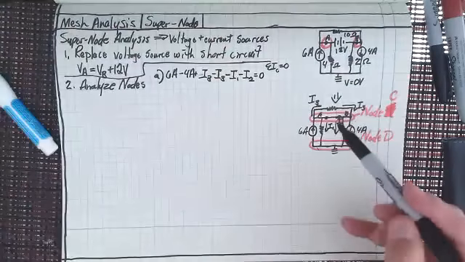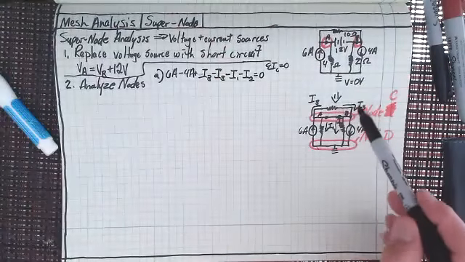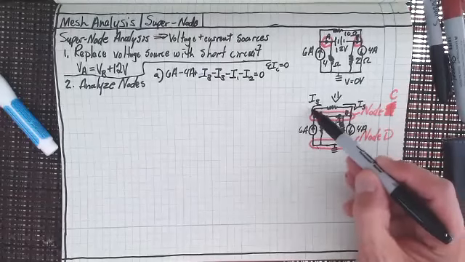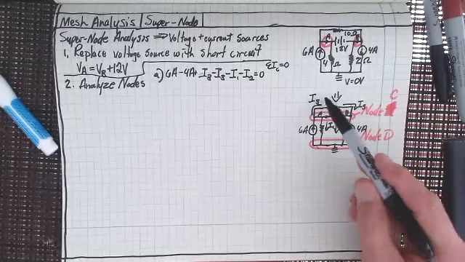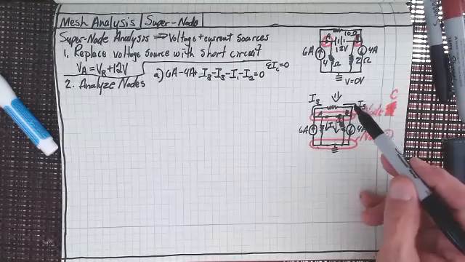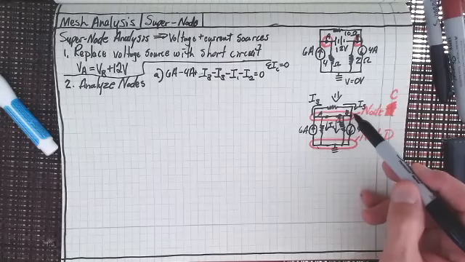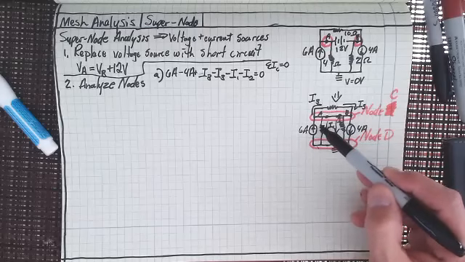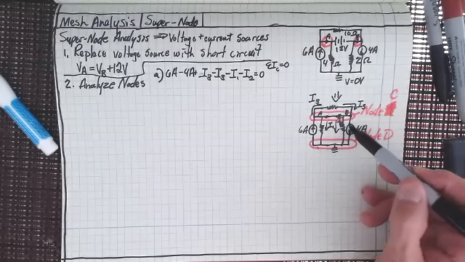Can anybody see any other currents that are flowing in or out? When I look at this node, I see a wire here, so I know a current has to be flowing in or out through that wire. I see another wire here, and another wire here, and in each case the current's either flowing in or out.